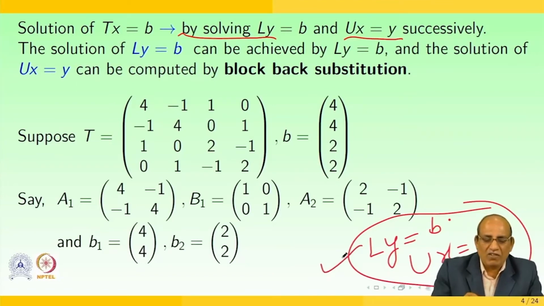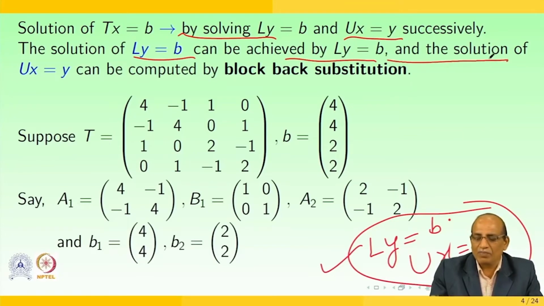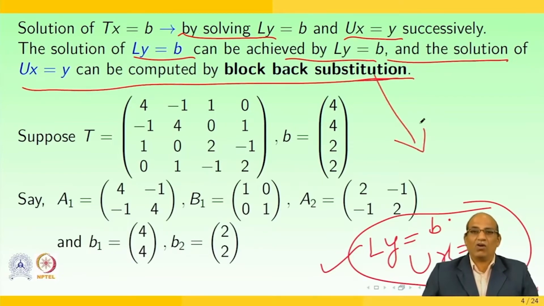The solution of Ux = y can be computed from block back substitution. This is how you obtain the block substitution. So this algorithm will give you the solution x through the block diagonal matrix.